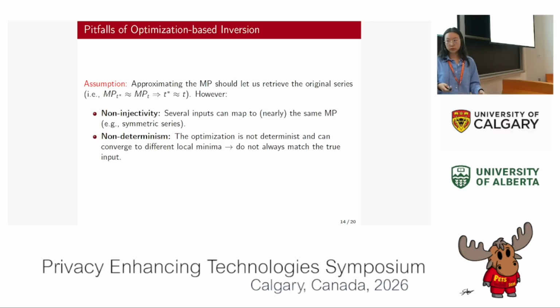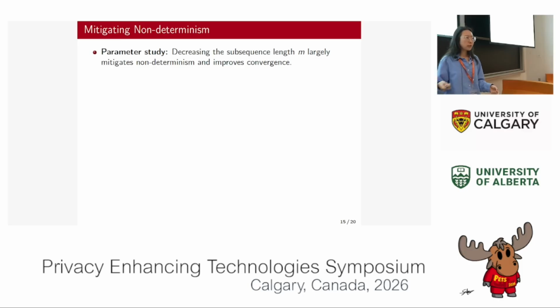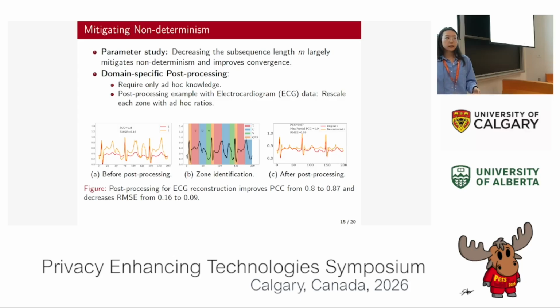To address this problem, we first did a parameter study, and we found that by simply decreasing the subsequence length m, we can already largely mitigate the problem and improve the convergence. And for the rest of the cases, we also propose a domain-specific post-processing that requires only some ad hoc knowledge.